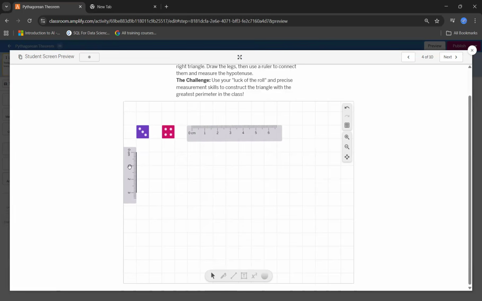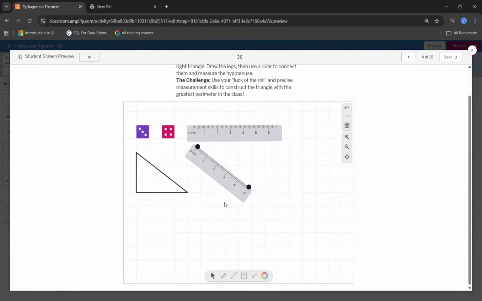Then we move our ruler to measure the other one, just four. Then we draw the legs and use the ruler to connect them. So this is the hypotenuse. We know that this is three, the other one is four, but the hypotenuse measures five.